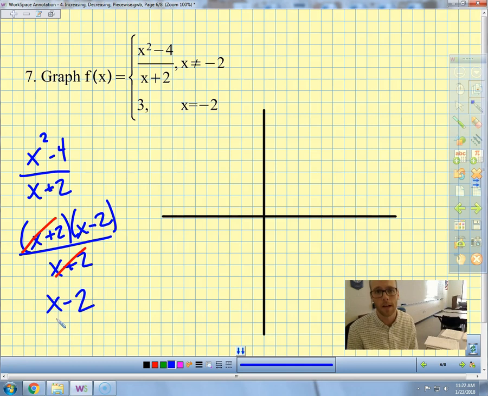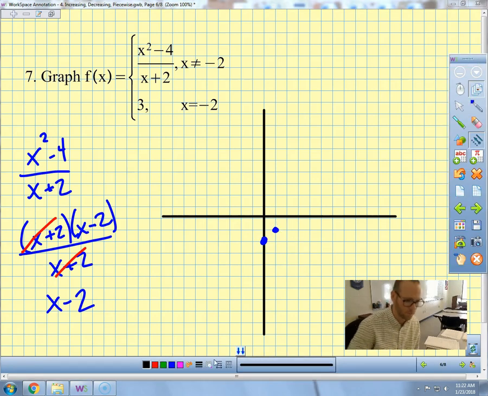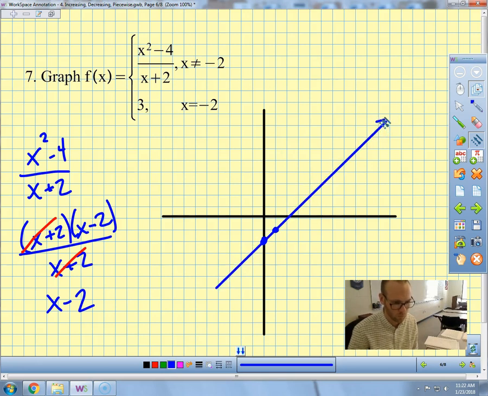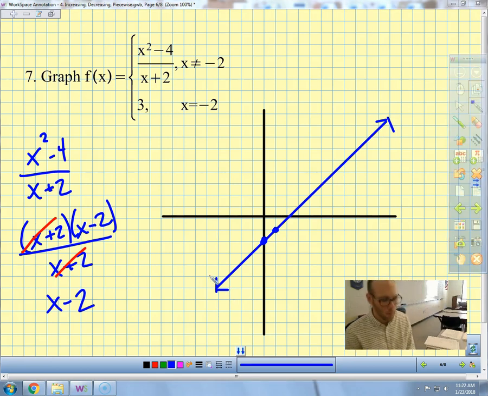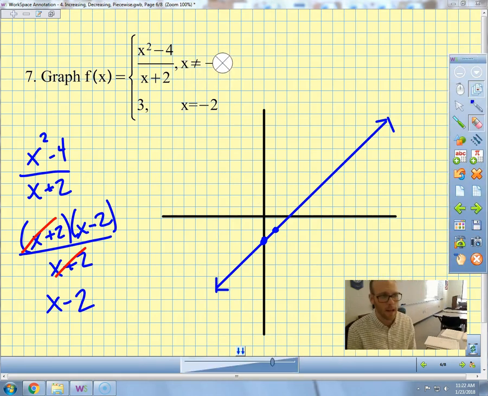It's a line. Its line has a y-intercept of negative 2 and a slope of 1. There it is. But do you remember that x can't equal negative 2?